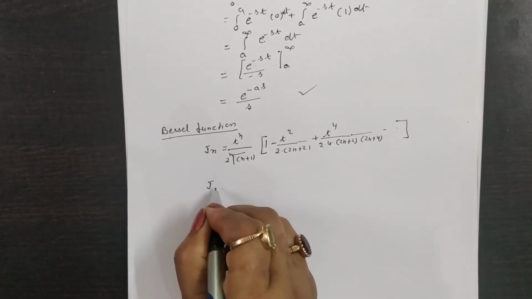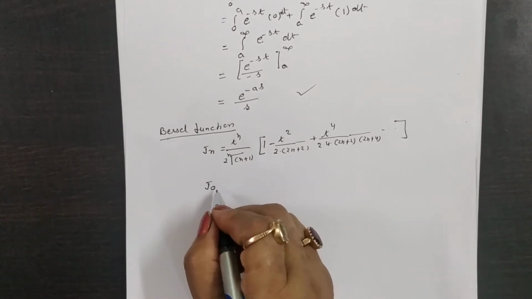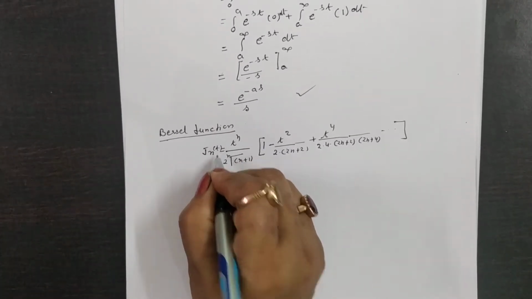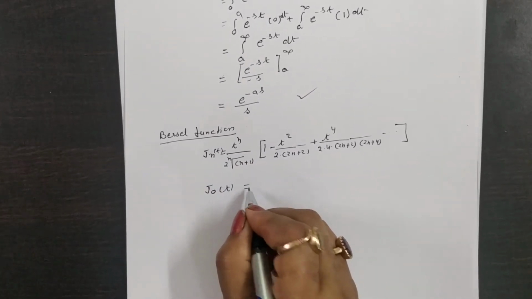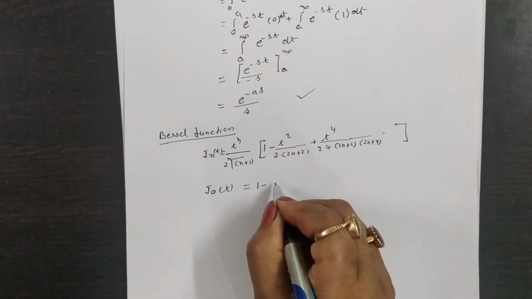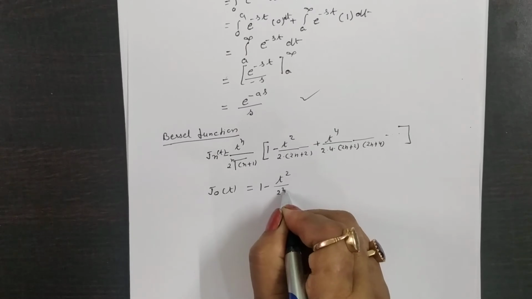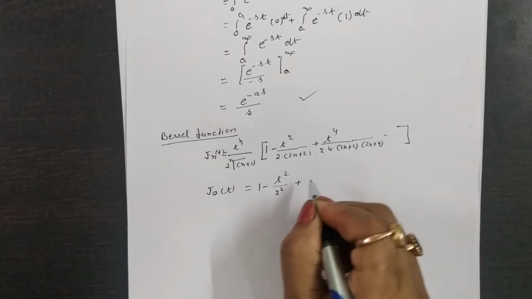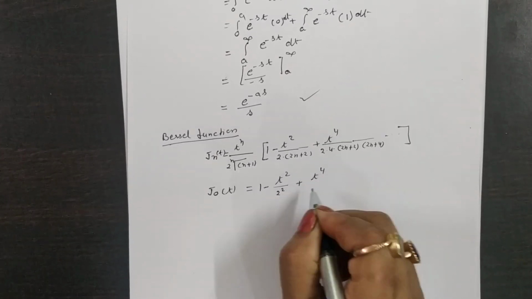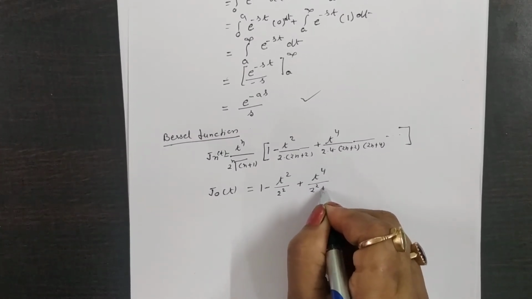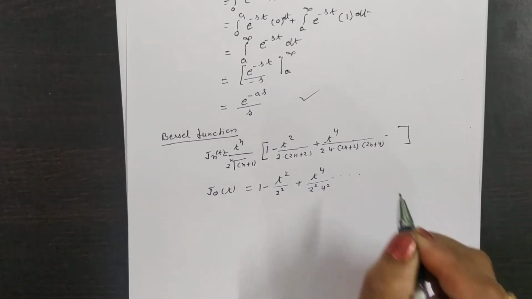So this can be written as J0 of t, which is equal to 1 minus t square by 2 square, plus t to the power 4 divided by 2 square and 4 square, and so on.